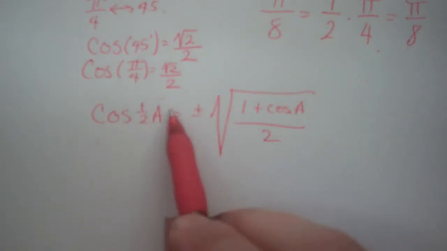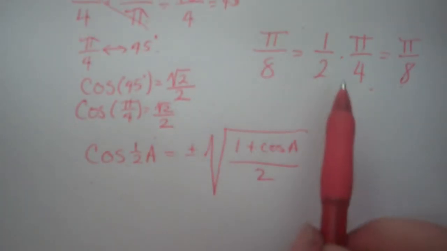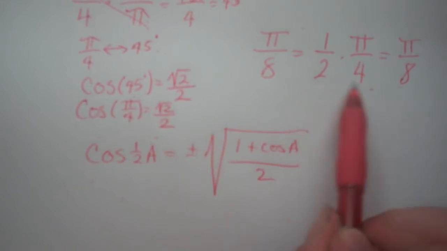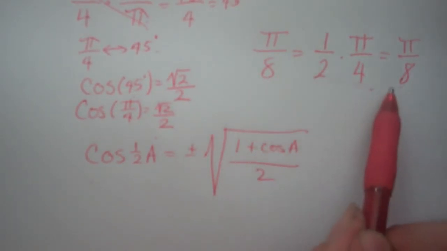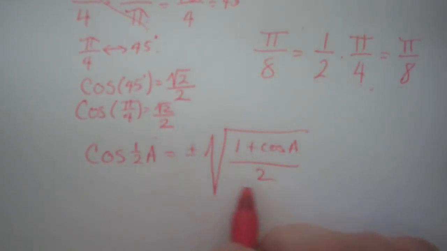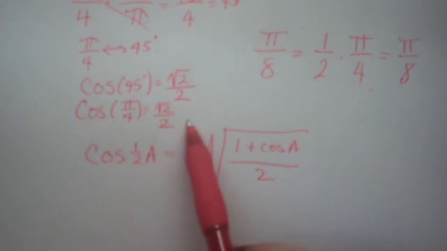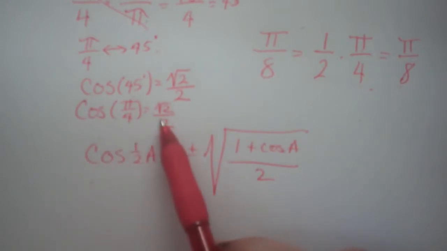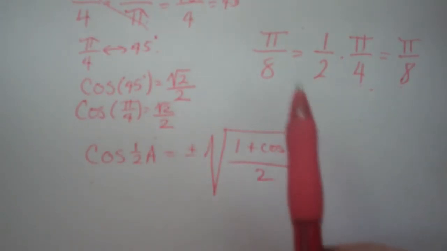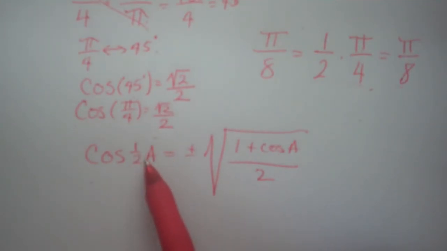So to get the cosine of 1/2 of the angle, which is what it's asking for, we just need to know the cosine of the angle, which we do know. We know the cosine of pi over 4, so let's use the cosine of pi over 4 in this formula to find the cosine of pi over 8, which is 1/2 of pi over 4.